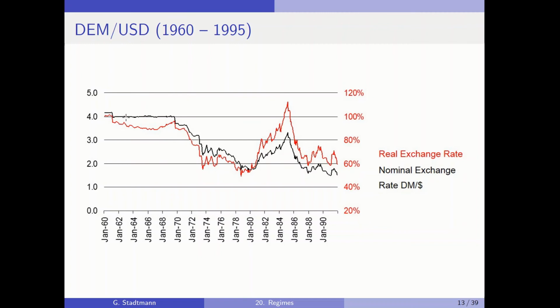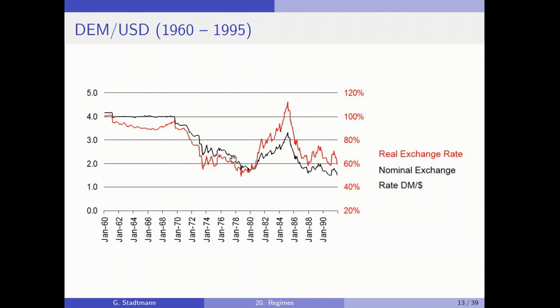And then there was a long period where the exchange rate was fixed at the level of 4 German marks for $1. Then you can see already a few realignments in the end of the 60s and beginning of the 70s. And then the Bretton Woods system broke down in 73.